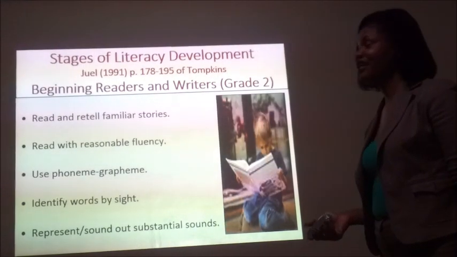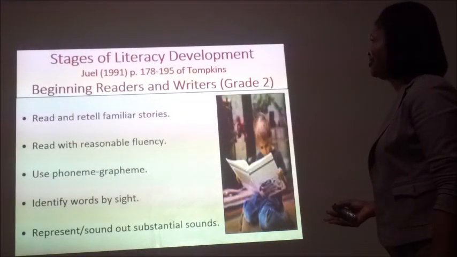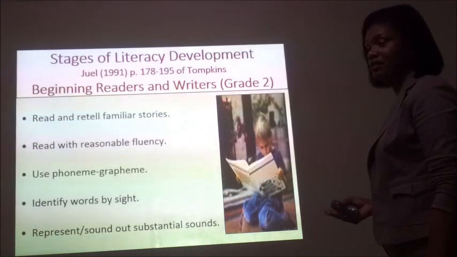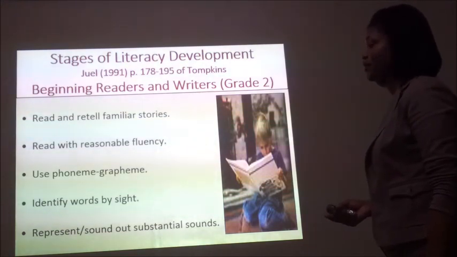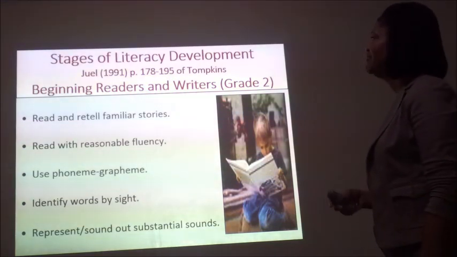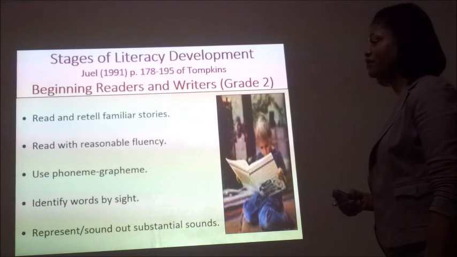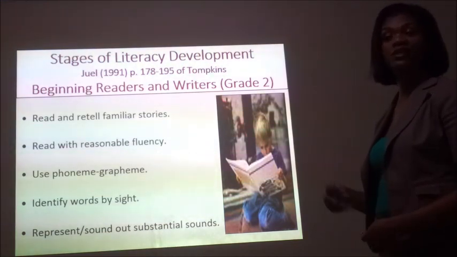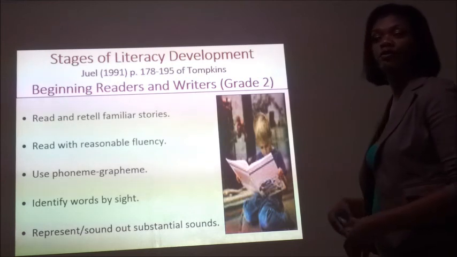The second stage is where Tompkins identifies the beginning readers and writers, usually found in grade 2. Read and retell stories. The children at that point are able to read and retell the story without using the book.